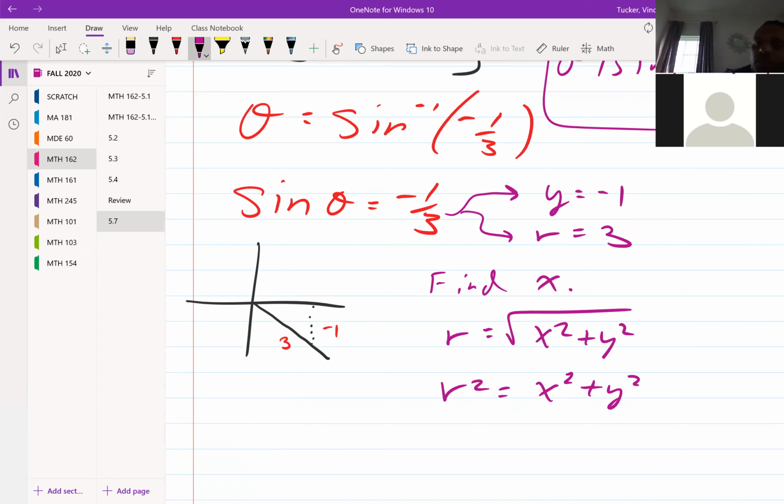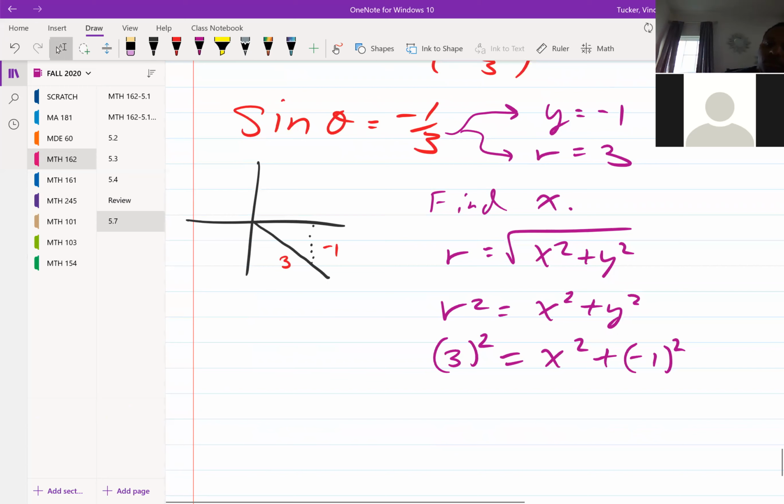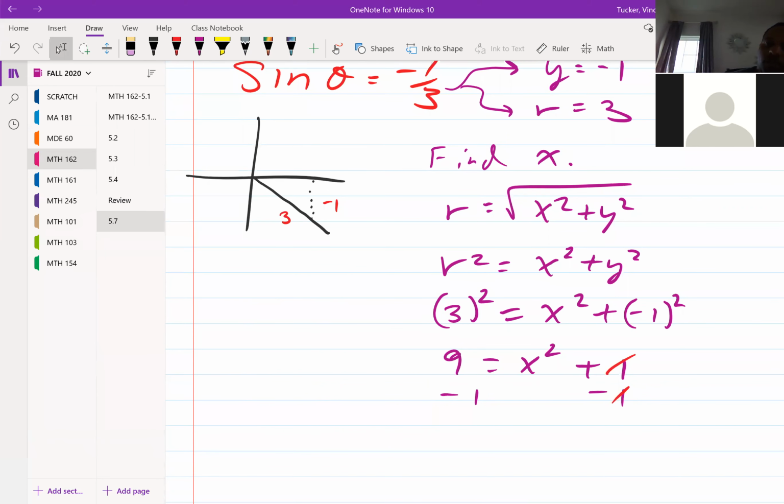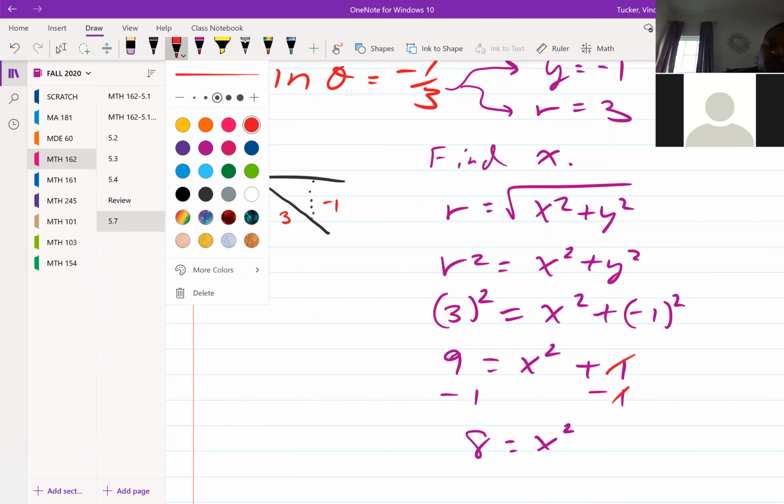Let's go ahead and plug them in. 3 squared. Go ahead and subtract 1. Take the square root of both sides.